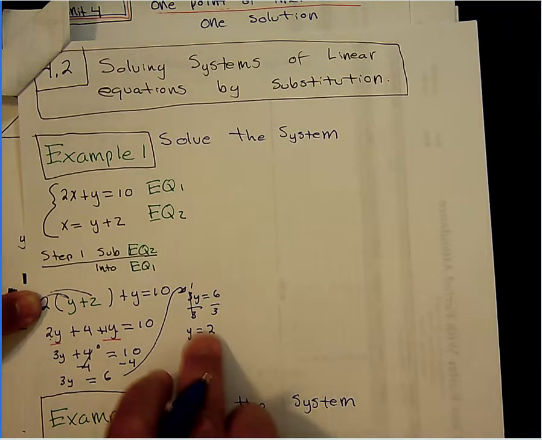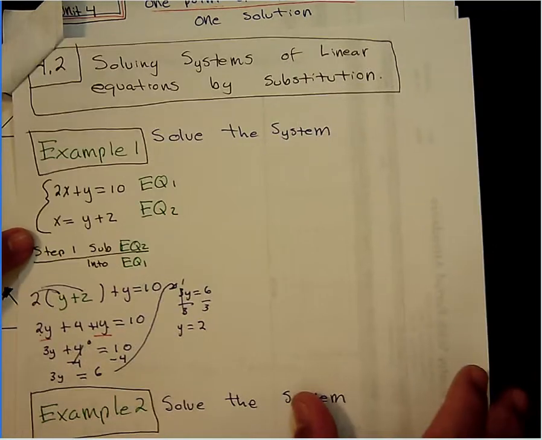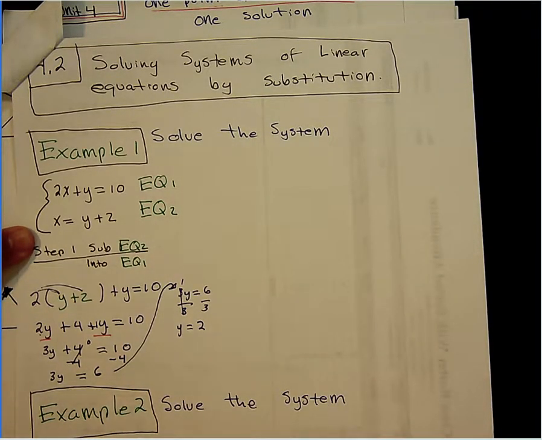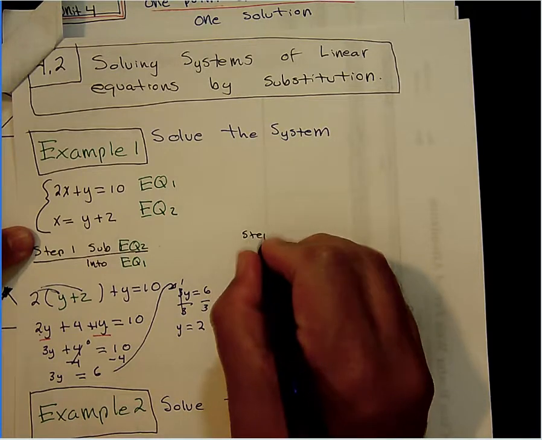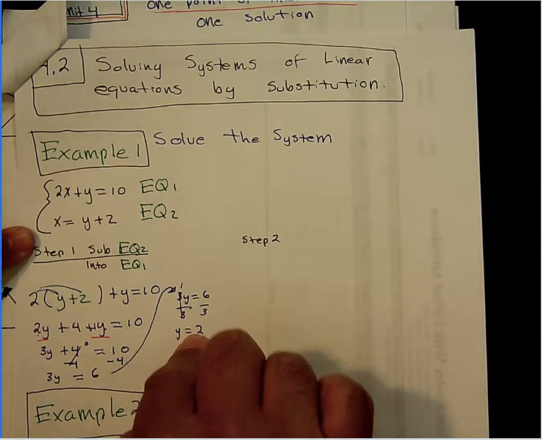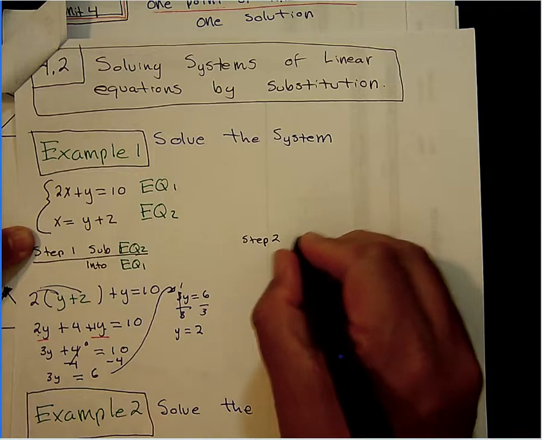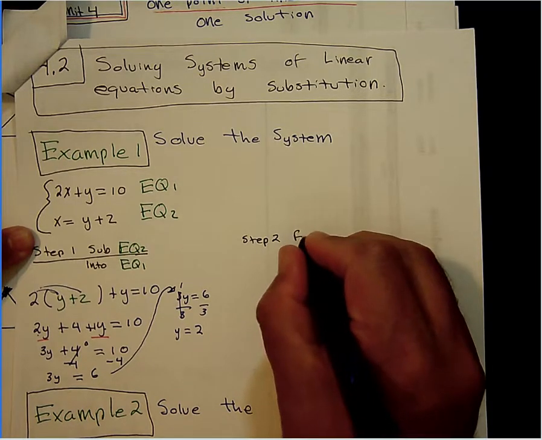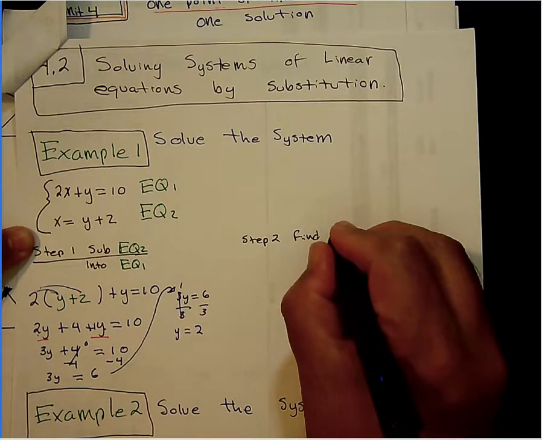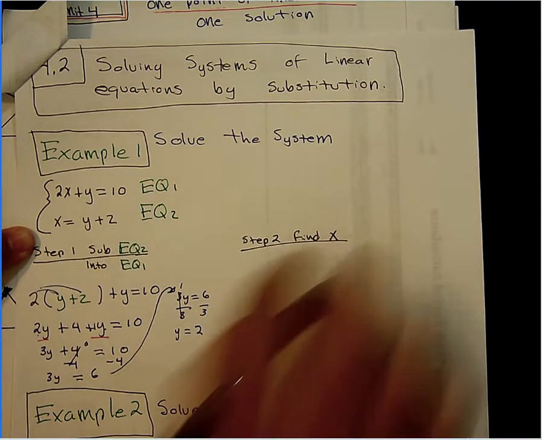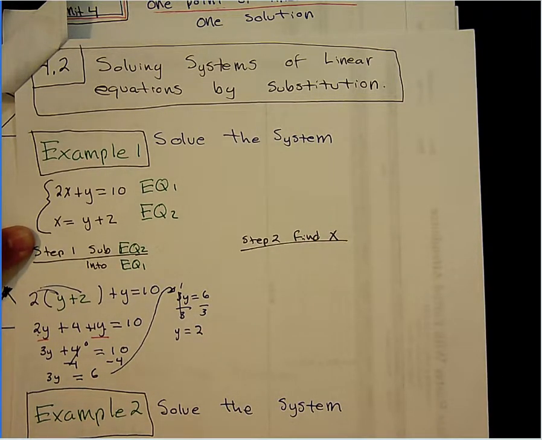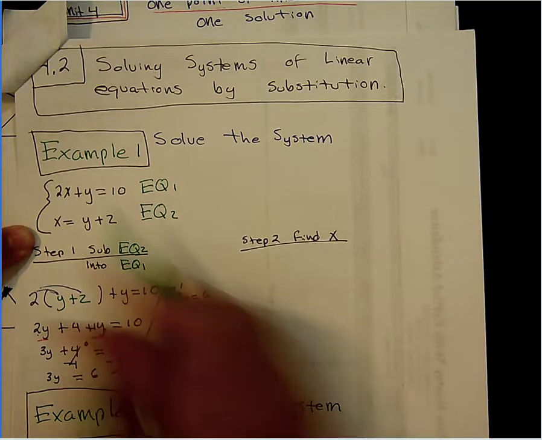So we found y. Step 2: since we already have y, step 2 is to find x. To find x, we need to substitute that 2 into either of these two equations.